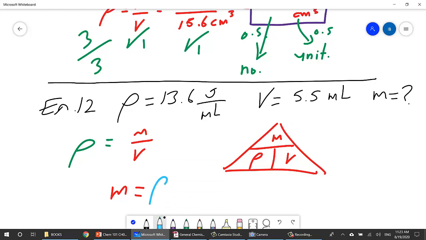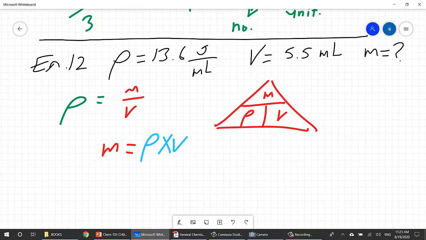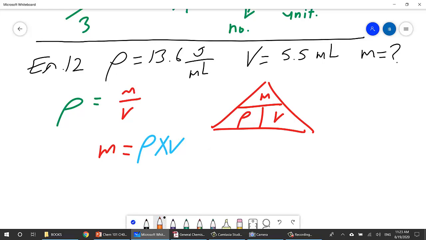Just stick to my red color here. So you can proceed by saying, you just multiply these two things: 13.6 gram per milliliter times 5.5 milliliter.